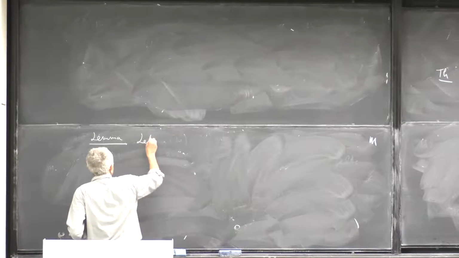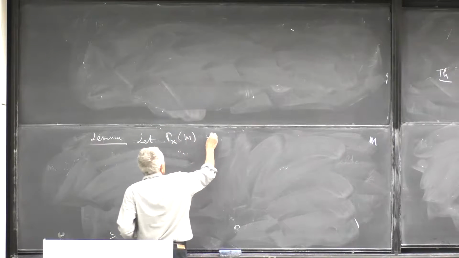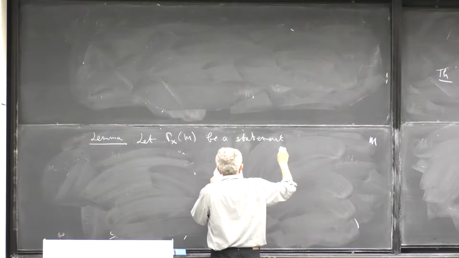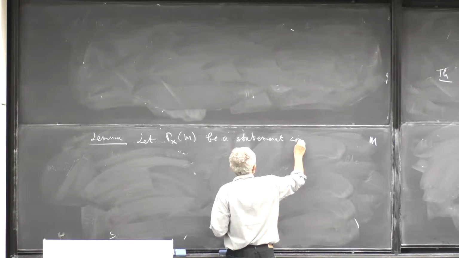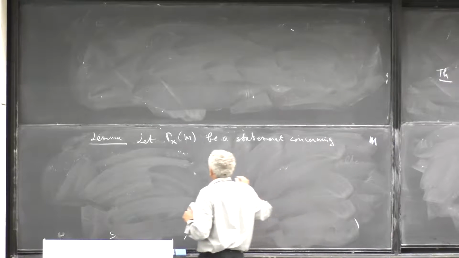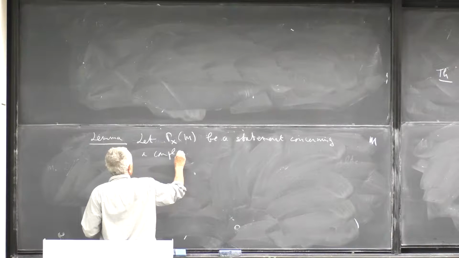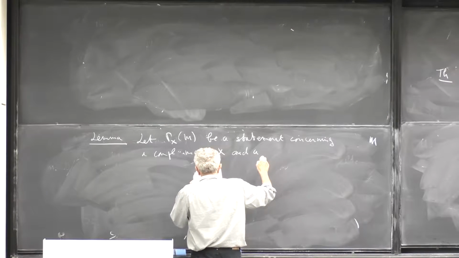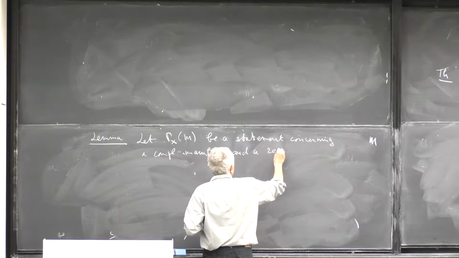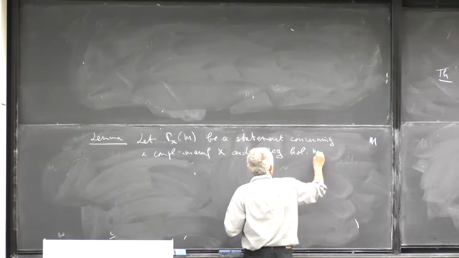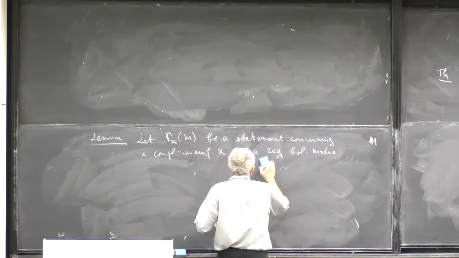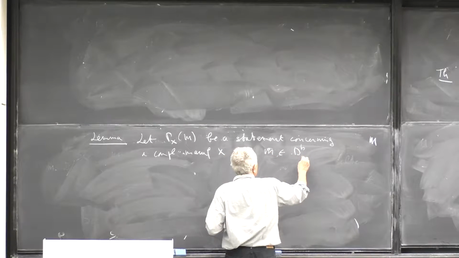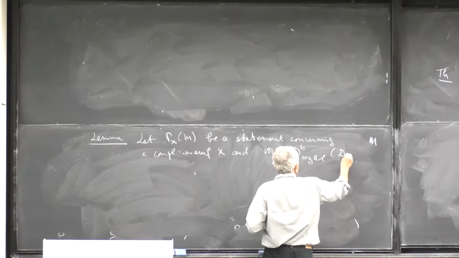So let P(X, M) be a statement concerning a complex manifold X and a regular holonomic module M in dB reg of D X. Okay.